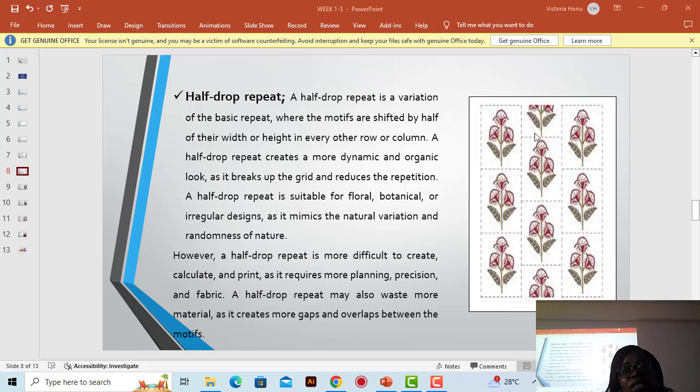So you have your imaginary line. If you want to do this, the first thing you do is draw your imaginary line as if you are going to do full drop design, the boxes. And when you are done, let's say the first box will be free like that. But the second box, you introduce a half line. That is giving you an indicator that when you get there, you need to just draw half of your design.